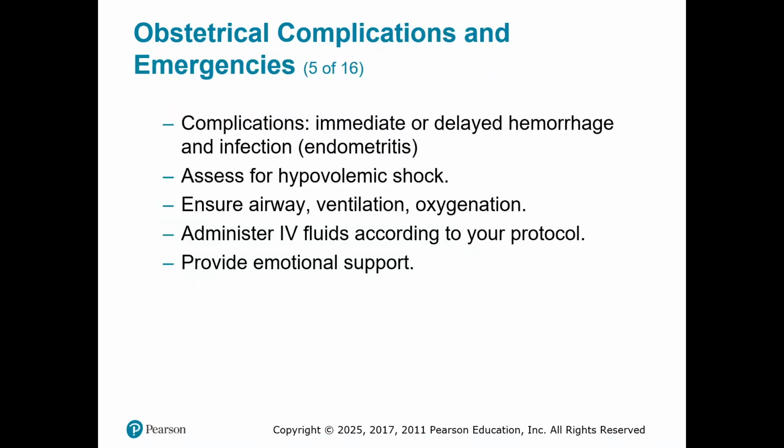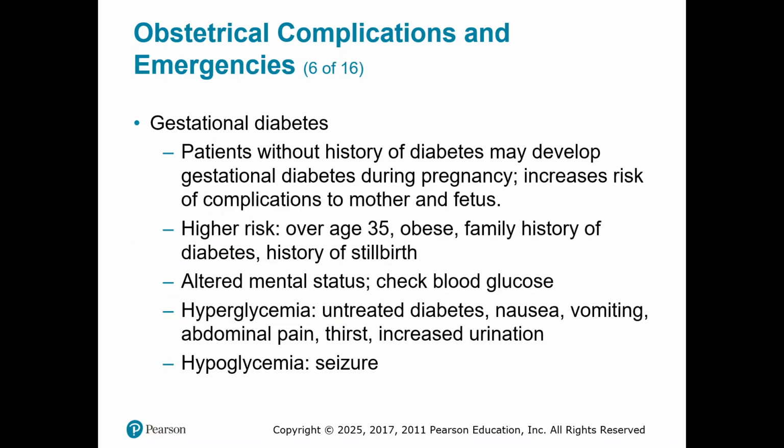Complications: immediate or delayed hemorrhage and infection, like endometritis. Assess for hypovolemic shock. Ensure the airway, ventilation, oxygenation, and IV fluids according to your protocol. And provide emotional support, because miscarriages can be very emotional.